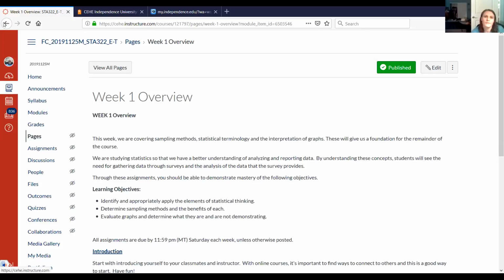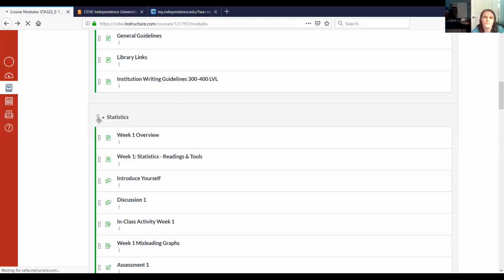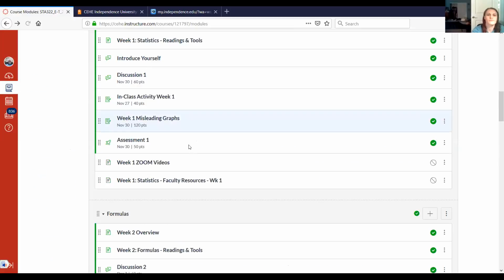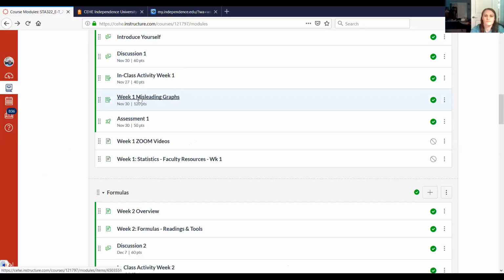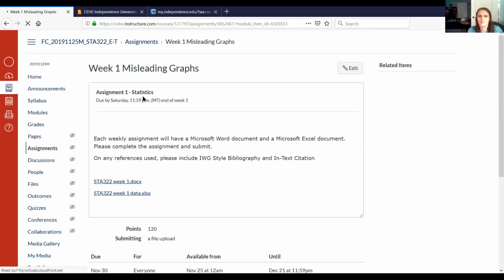Okay, so let's go back and let's take a look at this first assignment, which is about misleading graphs. In every assignment that you have, what you're going to find is a Word doc and a spreadsheet.